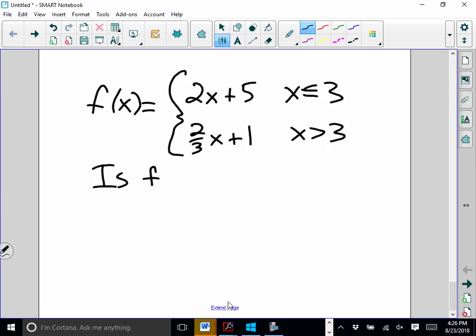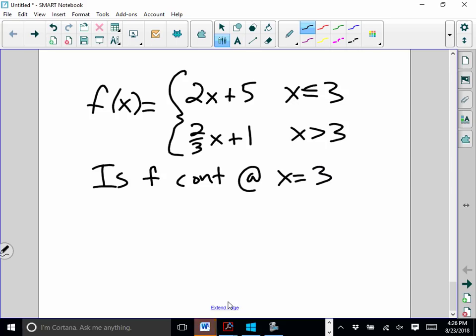Yeah, obviously I'm going to ask about 3 because that's the place where the piecewise changes from 2x plus 5 to 2/3 x plus 1. So again, I'm asking the question, is f continuous at x equals 3?